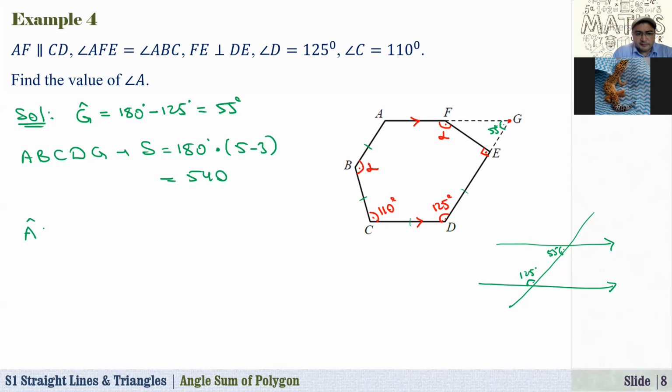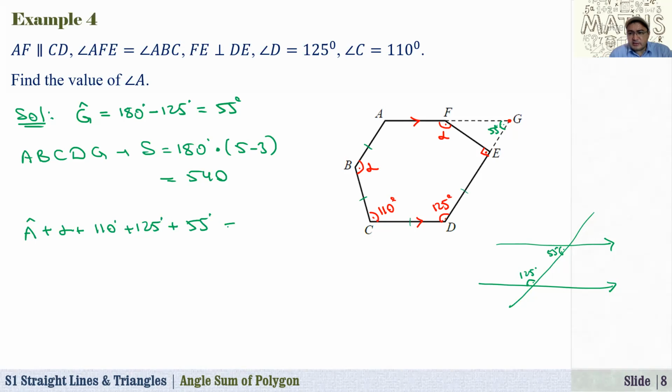Angle B is alpha. Angle C, 110. Angle D, 125. And angle G is 55, right? So that is equal to 540.